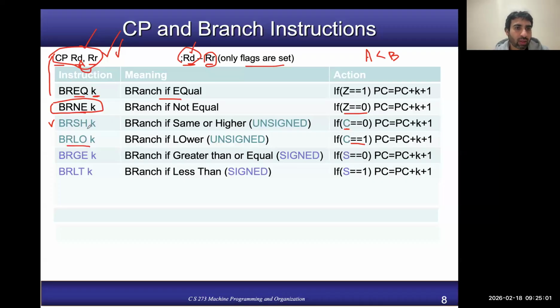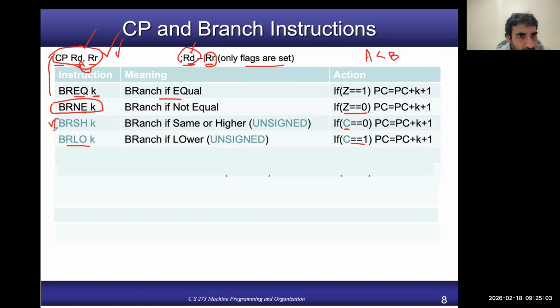So these branch instructions, branch same or higher and branch lower, are used when you are comparing unsigned numbers. What does it mean? It means that the numbers you place in RD and RR are interpreted as unsigned numbers.